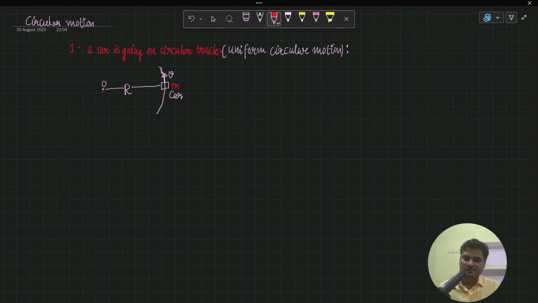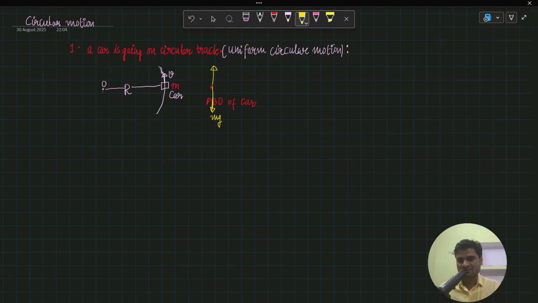And if we draw the free body diagram of this car, we know that the weight is always acting towards the center of earth. We know that all the time this is going to happen, that weight of the car will be towards center, and this is the level surface.